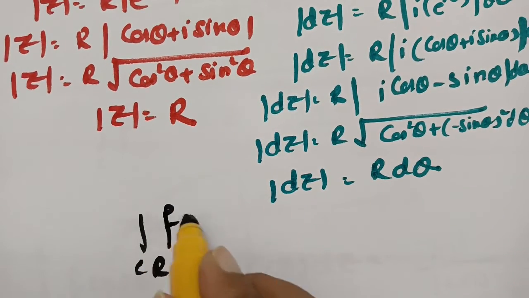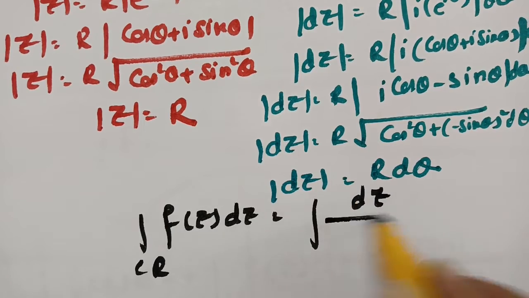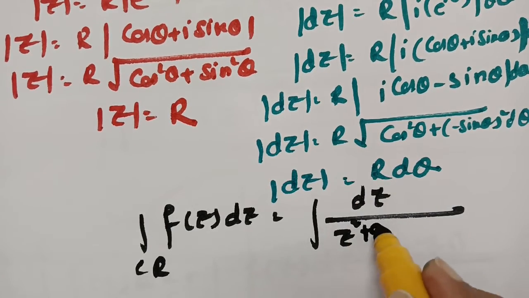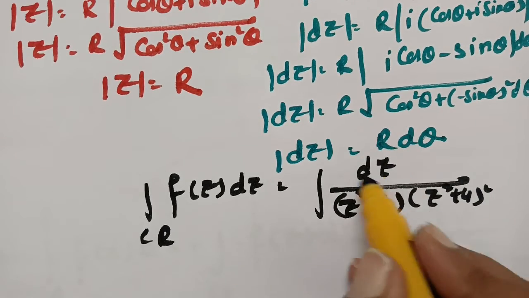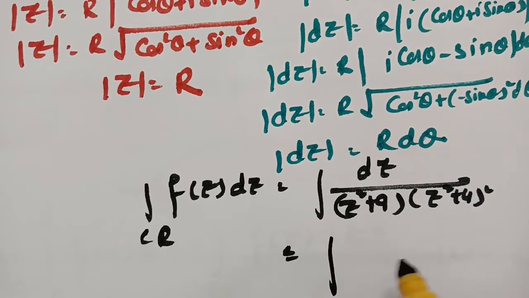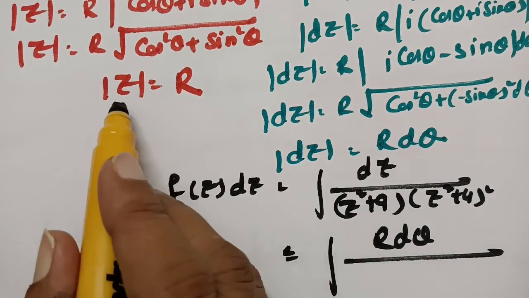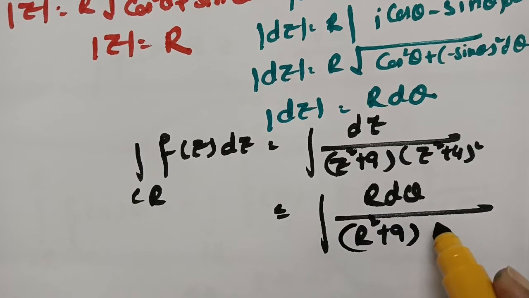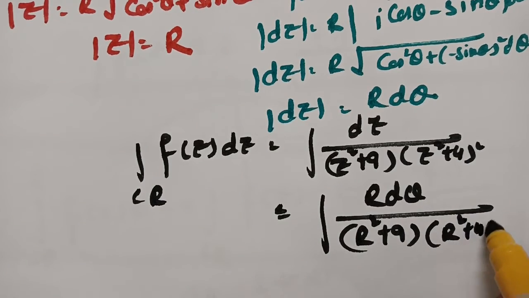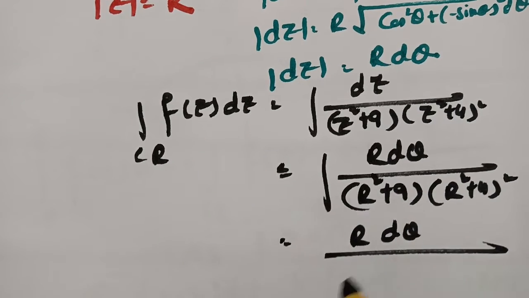See, f of z into dz value is very clear, as this is dz by z square plus 9 into z square plus 4 whole square. So in place of dz I'm writing, after taking modulus, r into d theta. In place of z I'm writing r. This will be r square plus 9 and this will be r square plus 4 whole square. So as you can see, there are so many r's left over here.